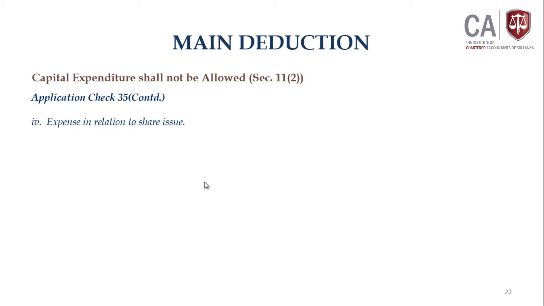This expense is also incurred to raise the long term capital. The benefit of the expenses lasts for more than 12 months. Therefore, under the enduring benefit test it is a capital nature expense, should be a disallowable item under section 11 subsection 2.